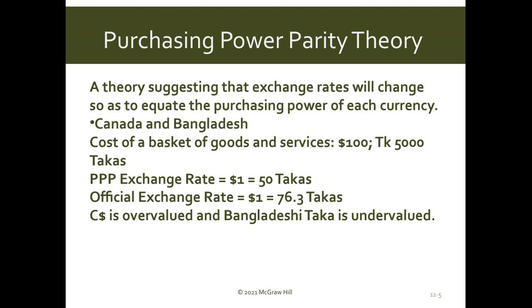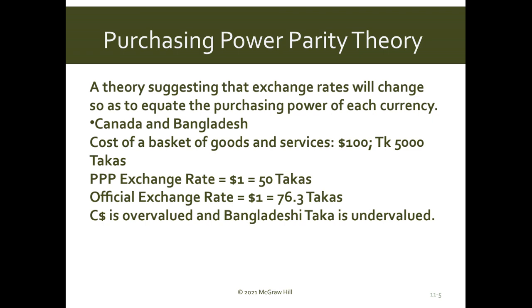Why? Because these two values, that is 100 and 5,000, have the same purchasing power in these two countries. So if I write like this, that let me fix the font size.